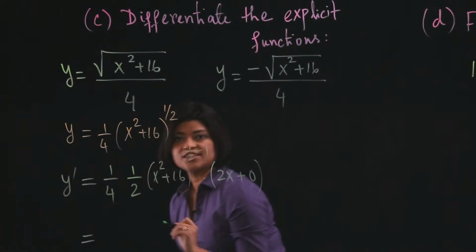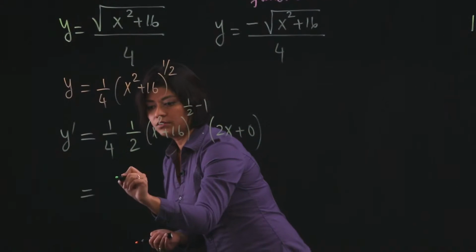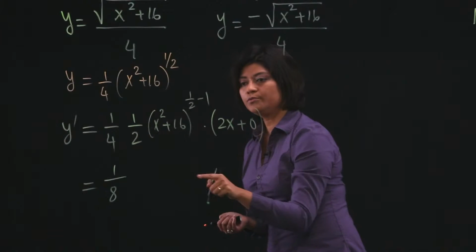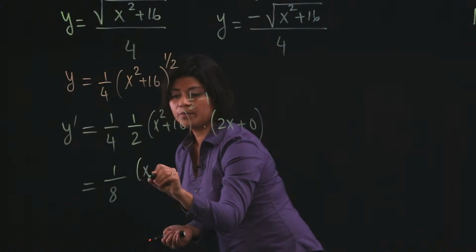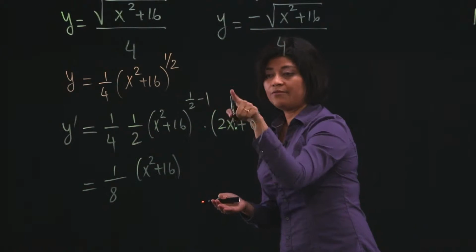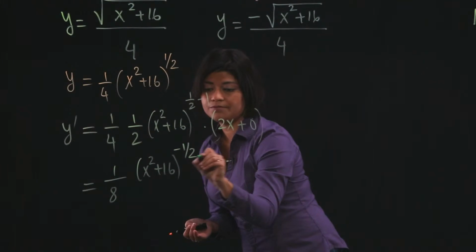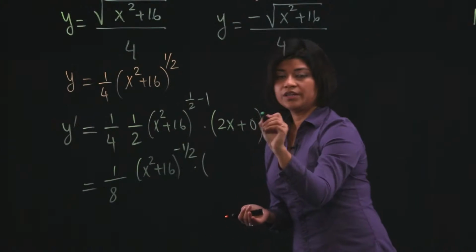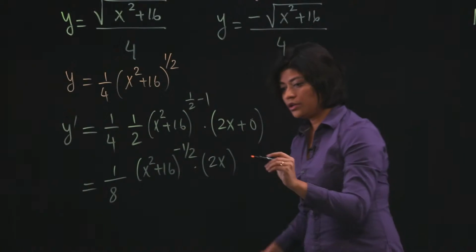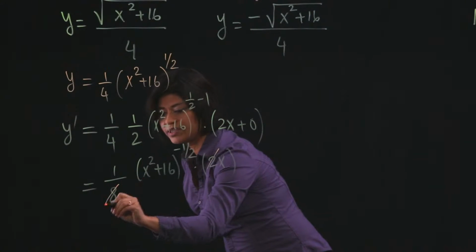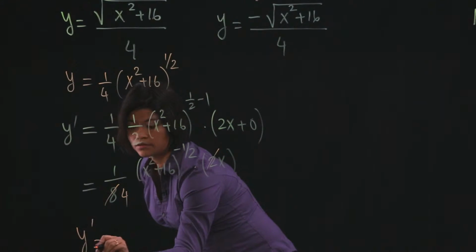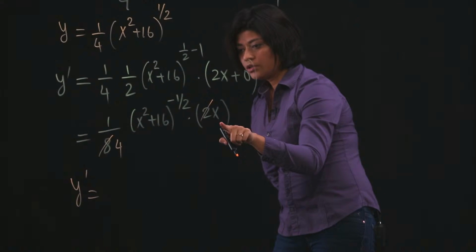Let us simplify this expression a little bit. So the constant is 1/8 because it's 4 times 2. And x squared plus 16 has a power of 1/2 minus 1, so that's negative 1/2, times, you can ignore the 0, so this is just 2x. Now notice we can cancel out the 2 with the 8, so you get a 4 here, and we'll have our expression.